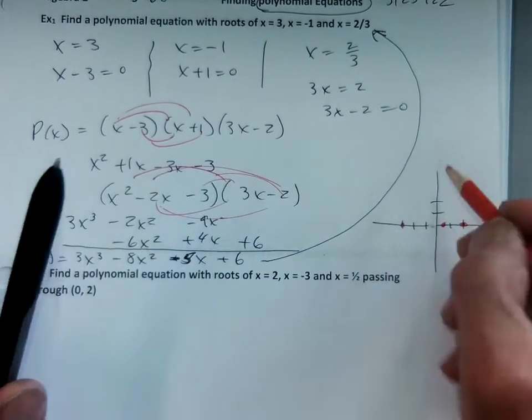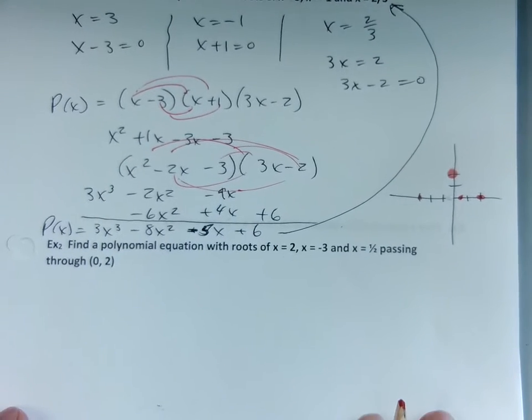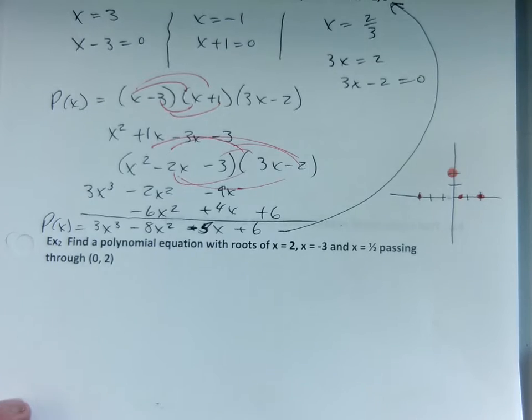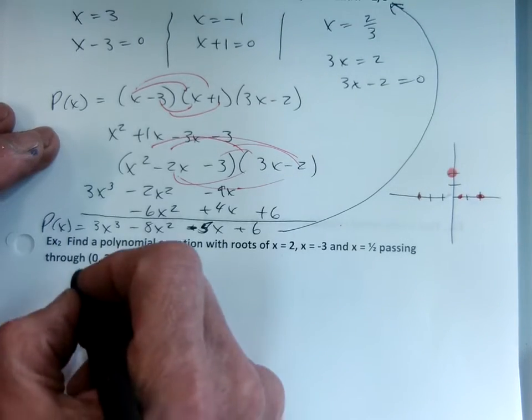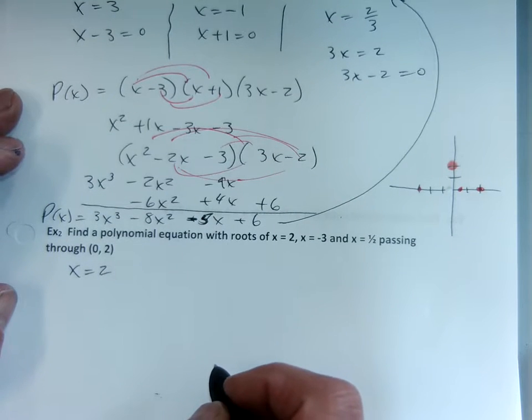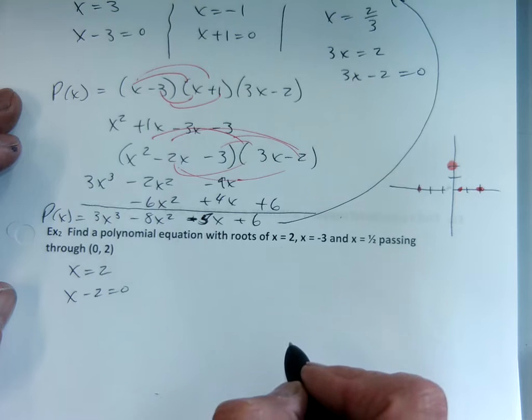Now, since I have a point, the polynomial I'm trying to find has to be very specific. So, let's start here. I have x equals 2, which came from x minus 2 equals 0.